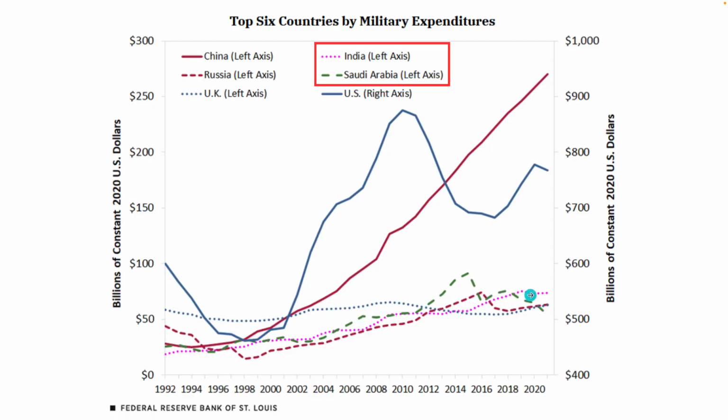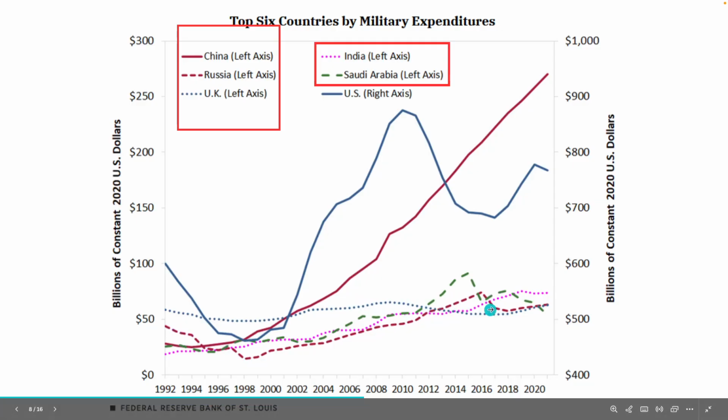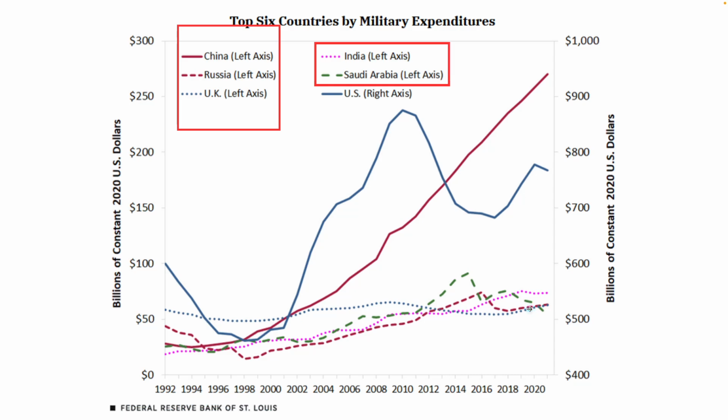And then on the left-hand side up here, you have China, Russia, and the UK. The UK is the blue dotted line, Russia is the red dash line, with military expenditure which was much lower than I expected, actually. And then you have China here, which is this long, solid red line that is going all the way up here.